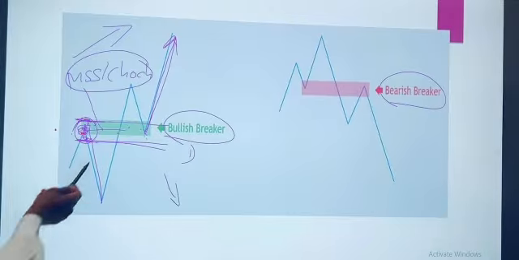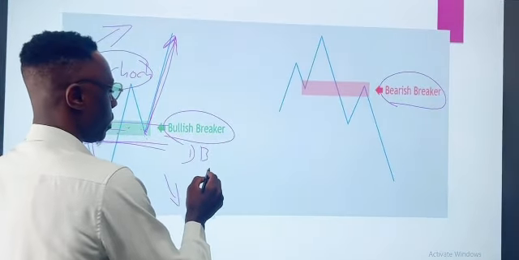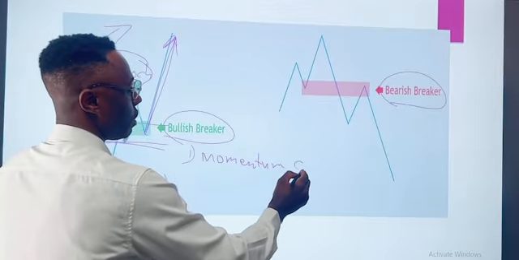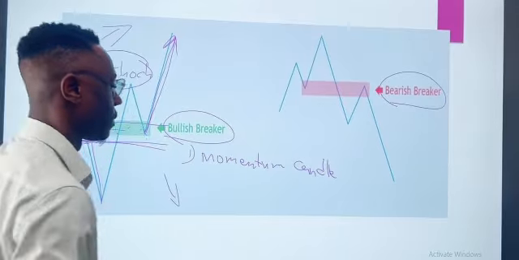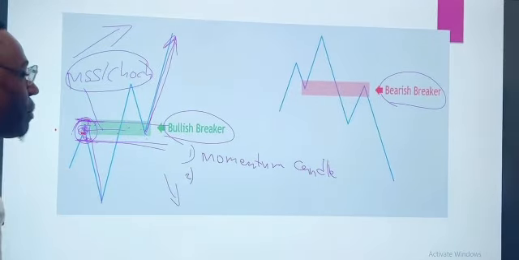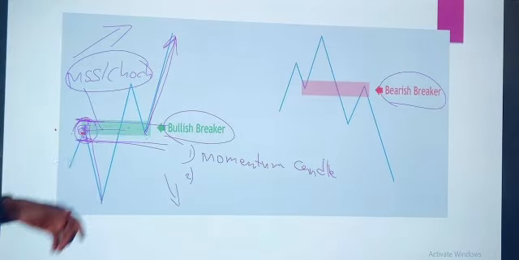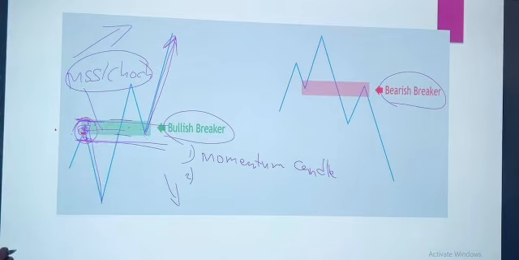The breaker block, the zone, should be broken with a bullish momentum candle. That means the candlestick that breaks this zone shouldn't be a candlestick that closes within for another candlestick to pop up.